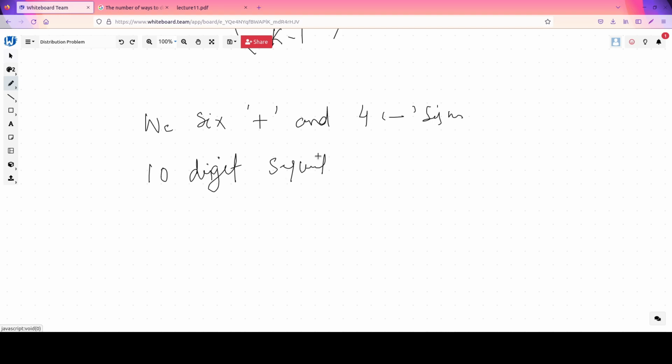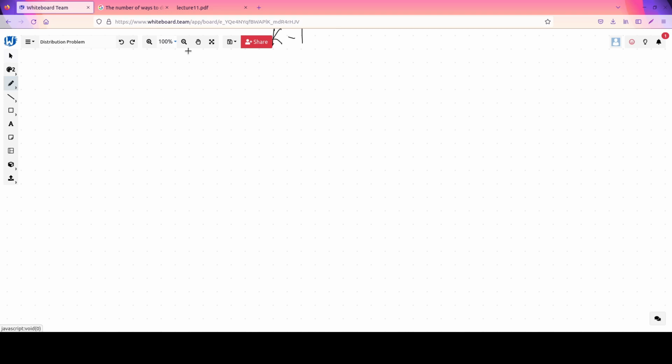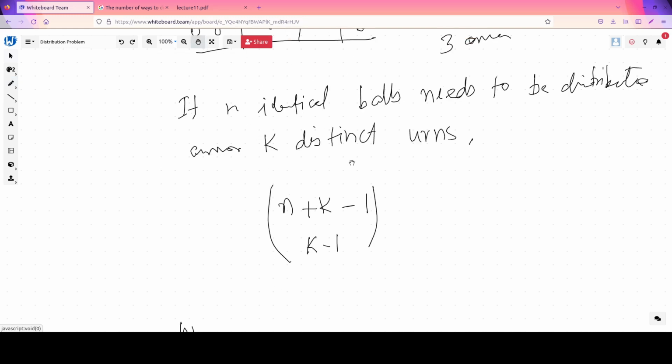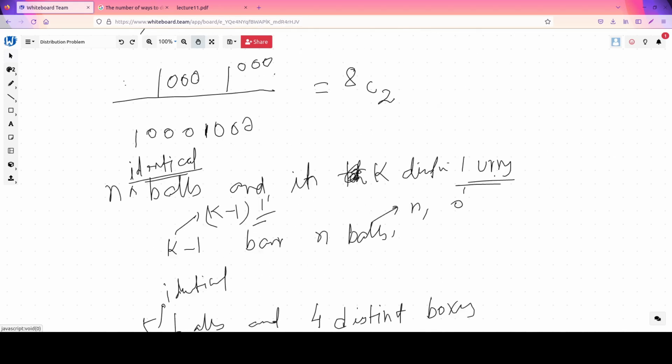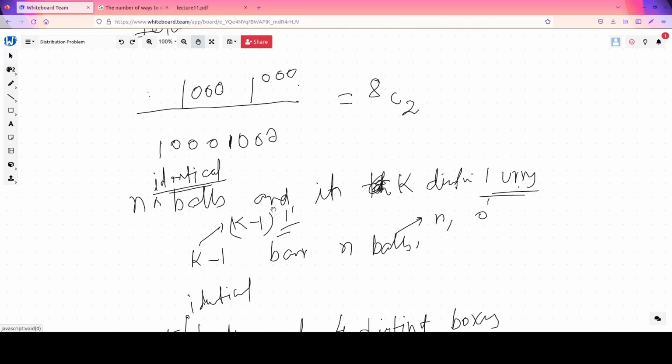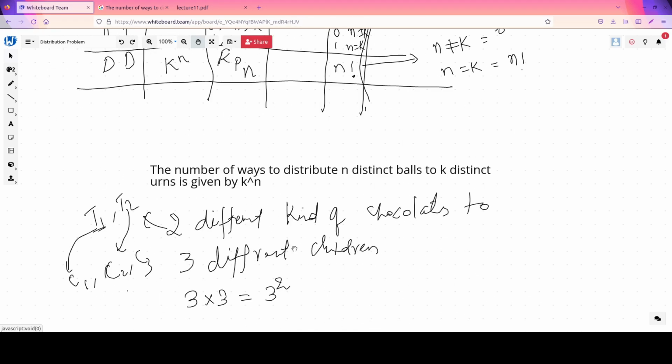Okay, so now we are done with one of the problems of the distribution. So let's write that back into the table, right? So it says that n identical balls need to be distributed among k distinct urns. So these are the possible ways, right? We'll fill this up here in our table.